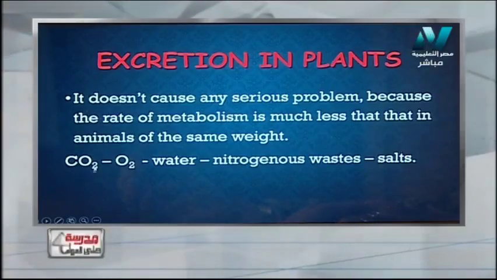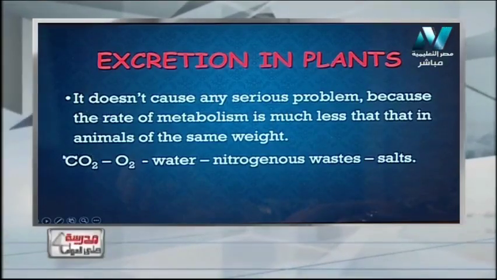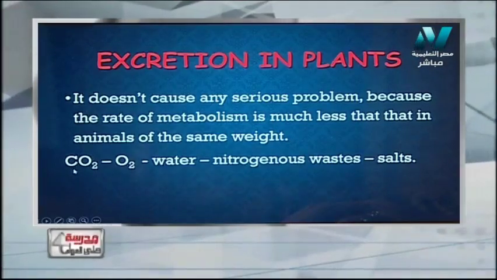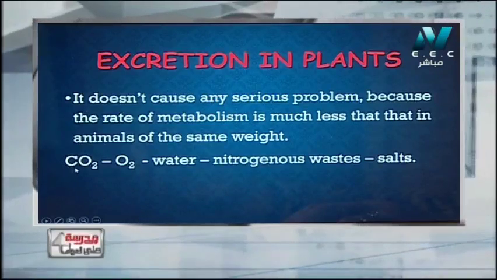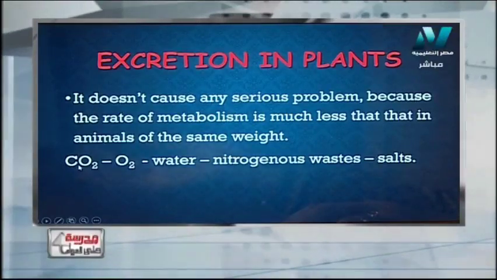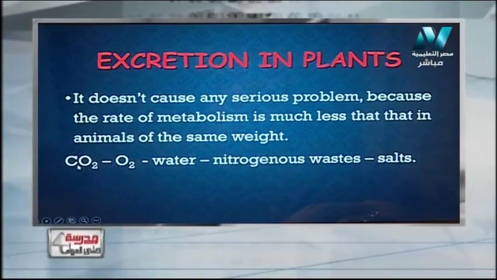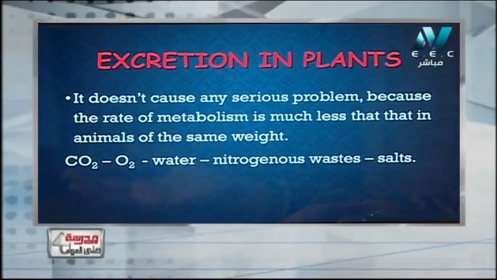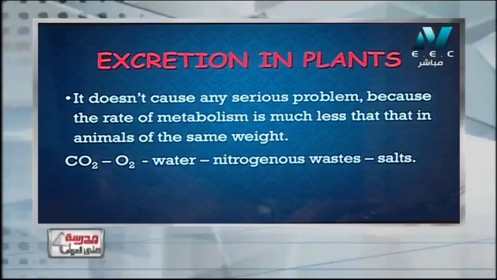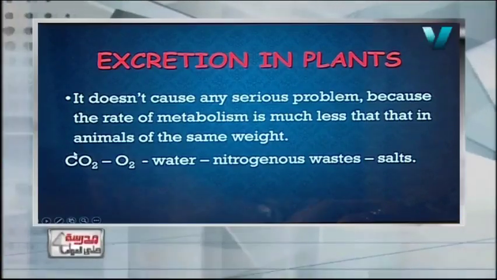And not only the amount that comes out from respiration is used, but the plant needs more. So it takes the carbon dioxide from the surrounding medium, whether it is a terrestrial plant that gets it from the air, or a water plant or aquatic plant that gets it from the water.